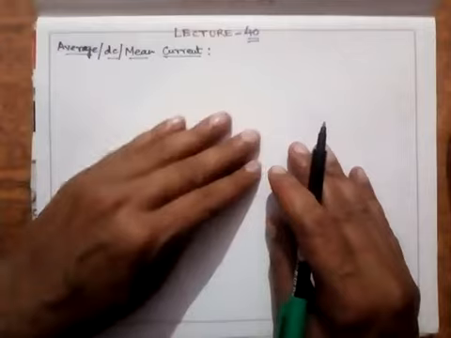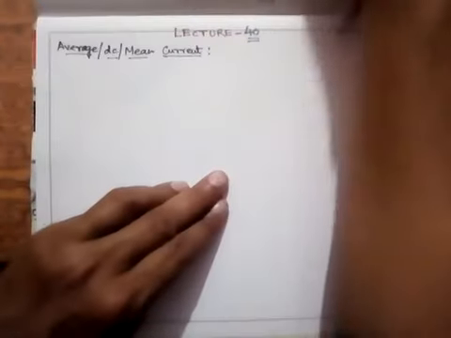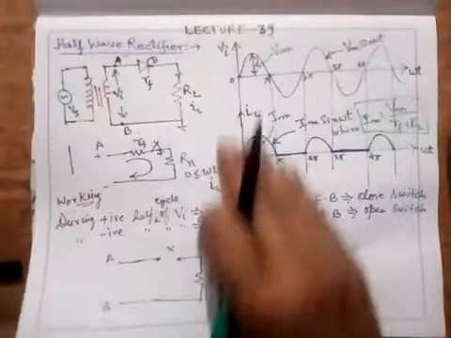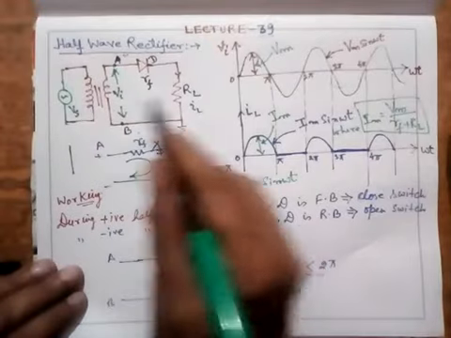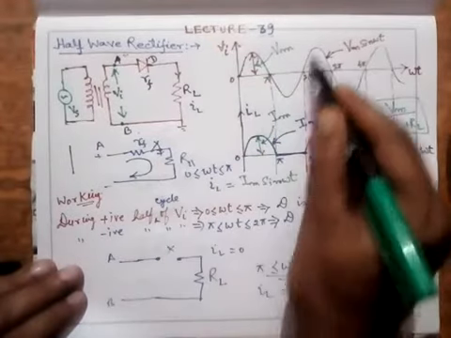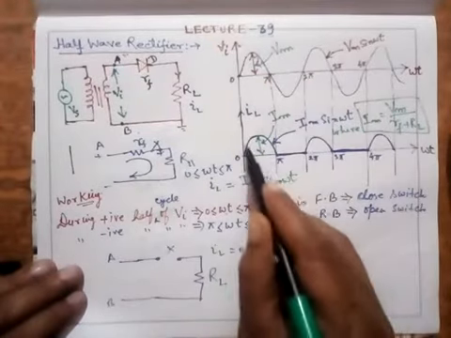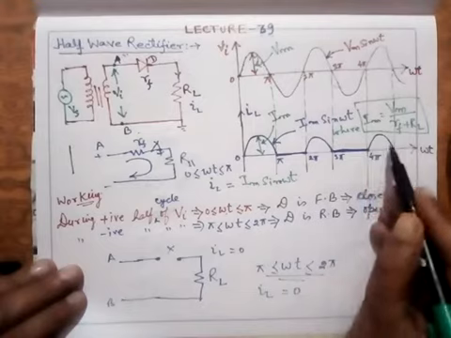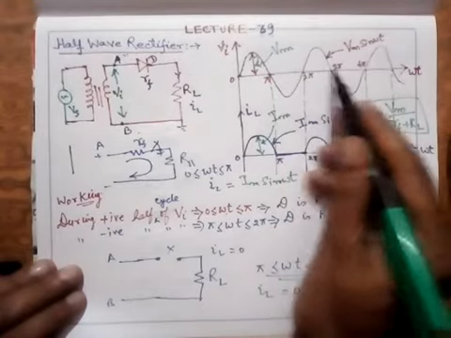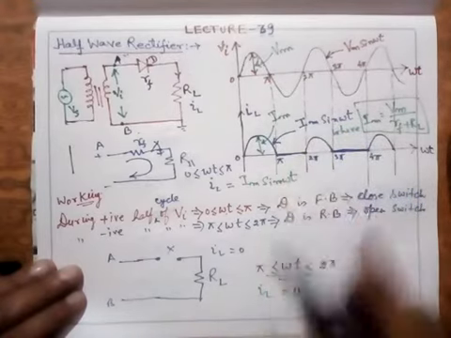Now we have already seen that in a half wave rectifier, if you remember in the last lecture, this is the circuit diagram of a half wave rectifier, and if this is the input voltage and this is the output current that we obtain, we have seen that only half of the wave has been rectified. Only half.